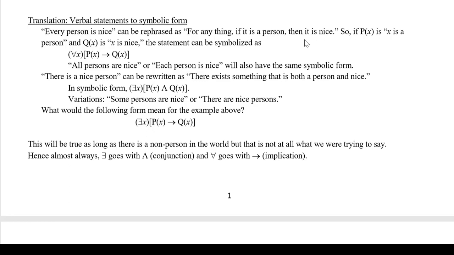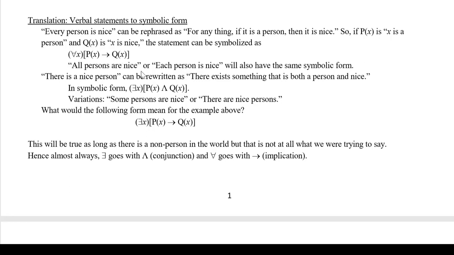It sounds weird at the beginning, but we'll get used to it. If P of x is "x is a person" and Q of x is "x is nice," the statement can be symbolized as for all x, P of x implies Q of x.